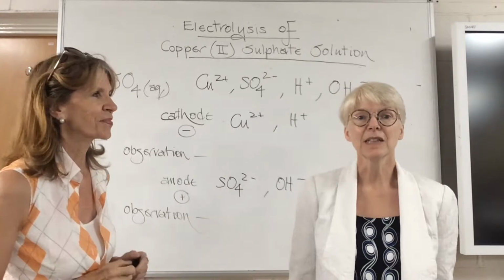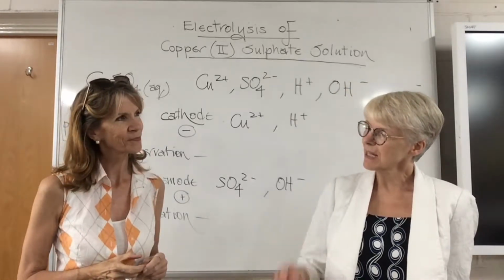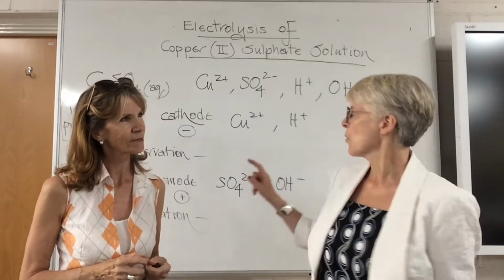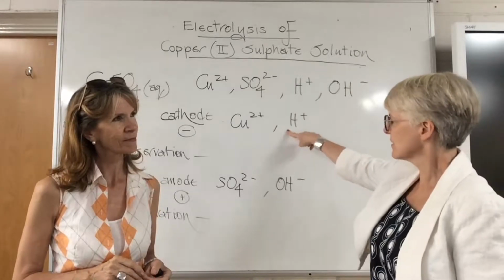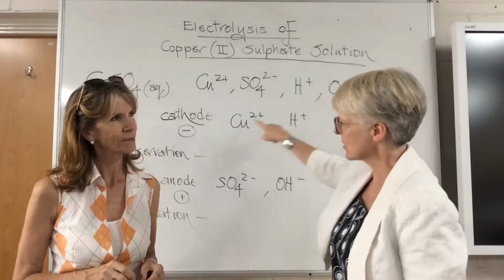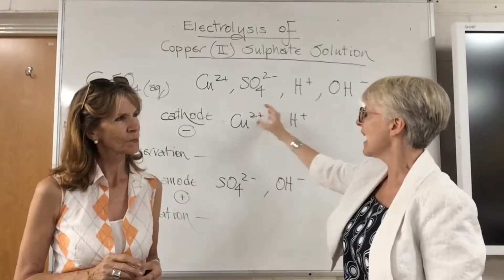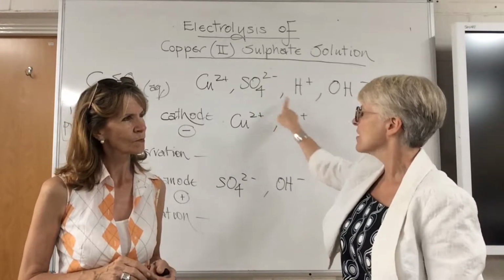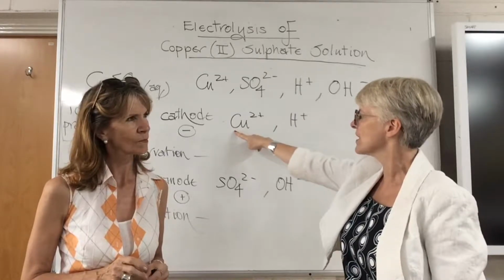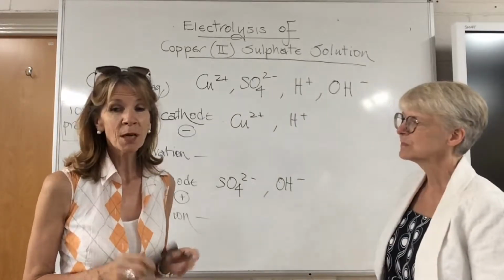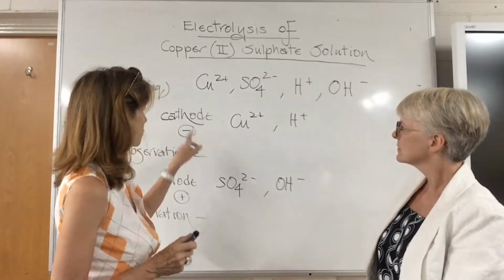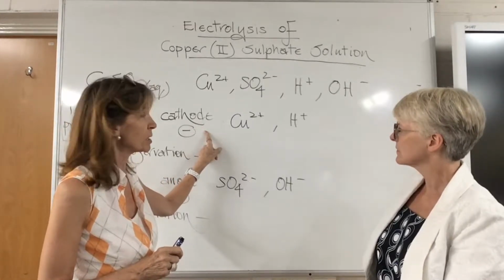Perfect. Now, in the last video, we had little rules for working out which of these ions would be discharged at the electrode. So which will stay in solution and which will gain or lose electrons. So what are the rules for discharge at the cathode? It's known as preferential discharge, and for the cathode it's very straightforward.